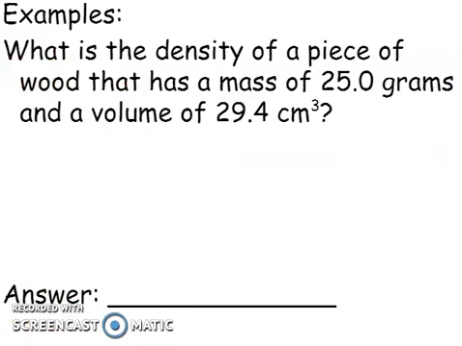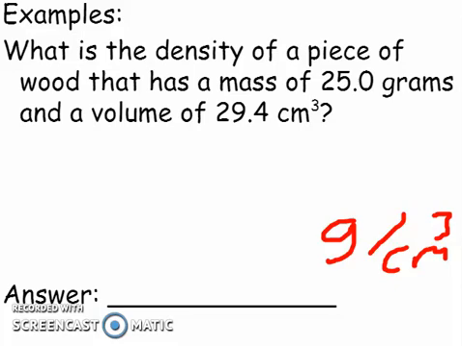Let's do this example. What is the density of a piece of wood that has a mass of 25 grams and a volume of 29.4 centimeters cubed? We're looking for density. Density is grams per centimeter cubed, so we already know our units in the end are g over cm to the third.